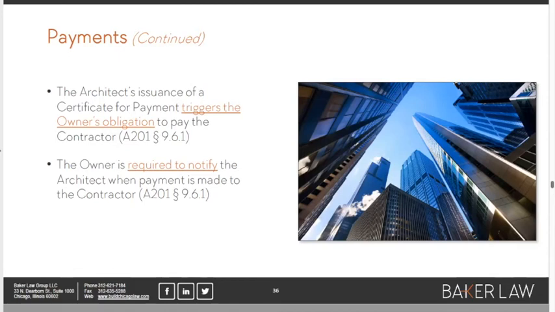And for those of you who are involved in design and construction projects right now, I don't know that the owner or its title insurer that's making payments remembers to tell the architect when the check is cut to the GC. So there's some stuff in here that often doesn't happen even on projects where people are pretty attuned to these obligations.